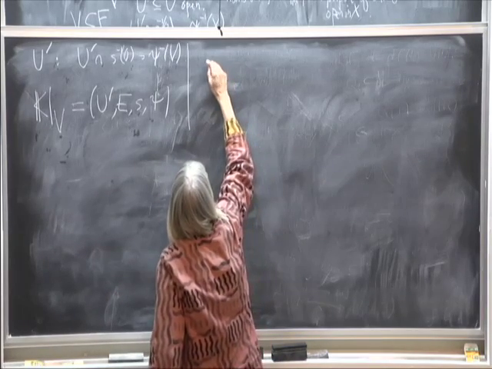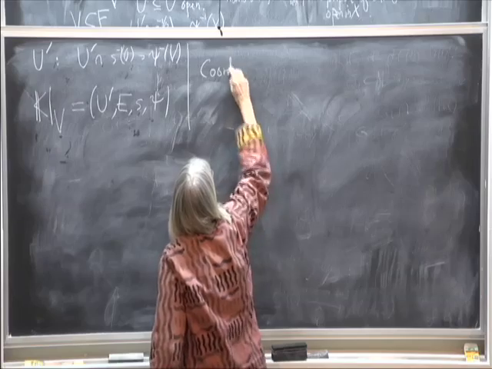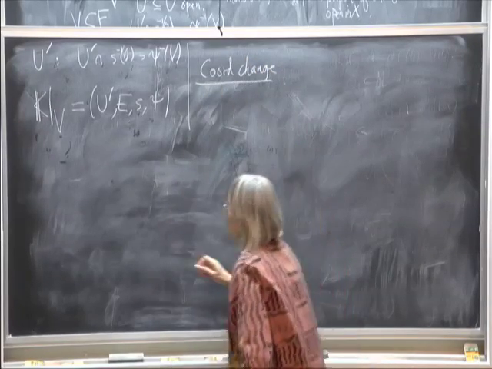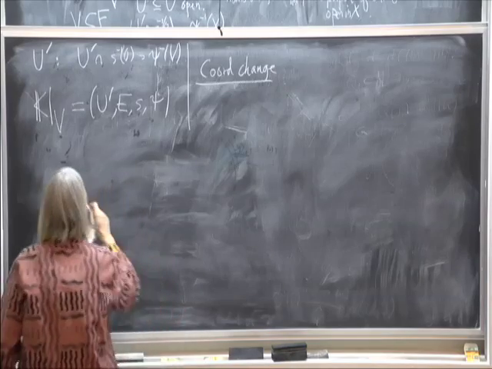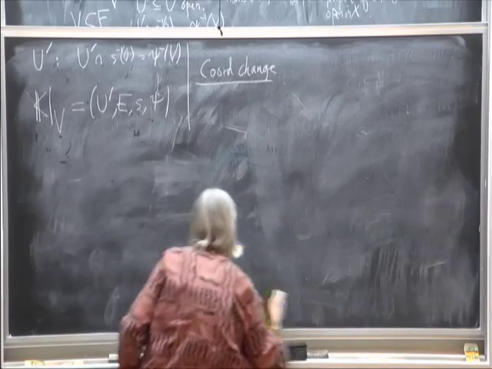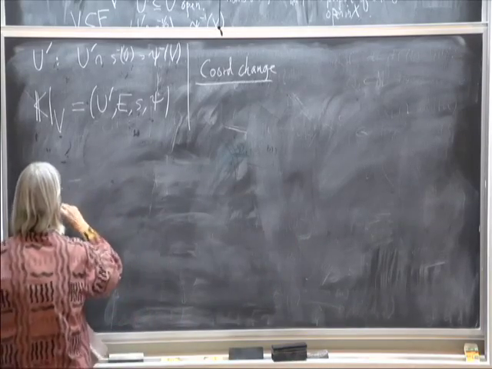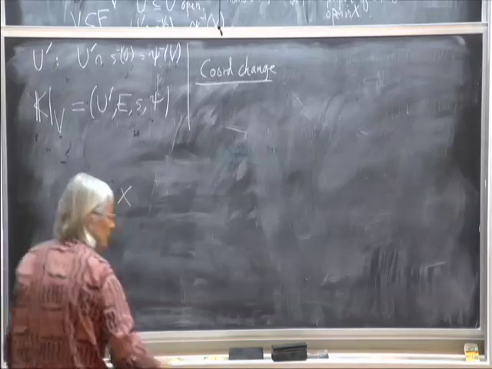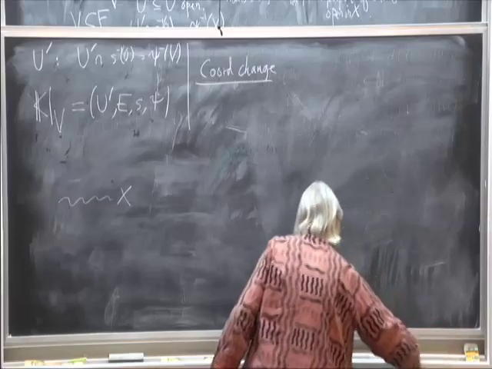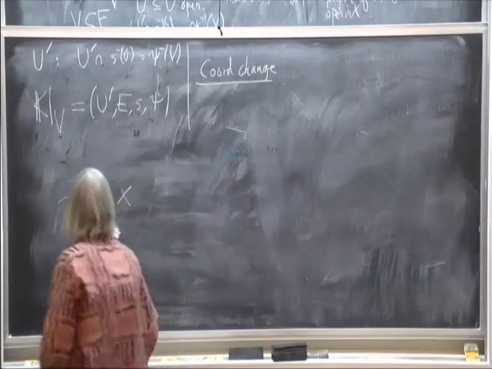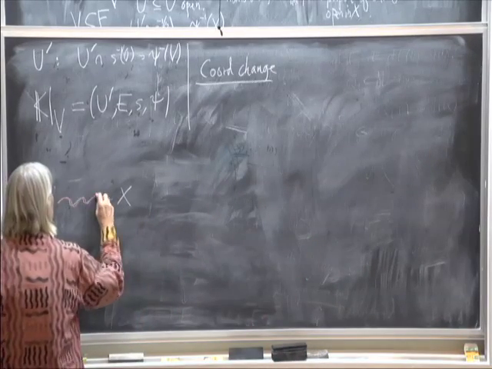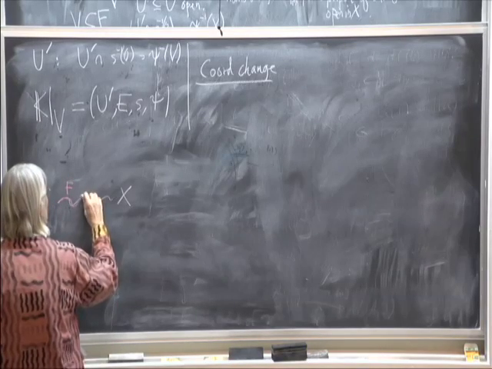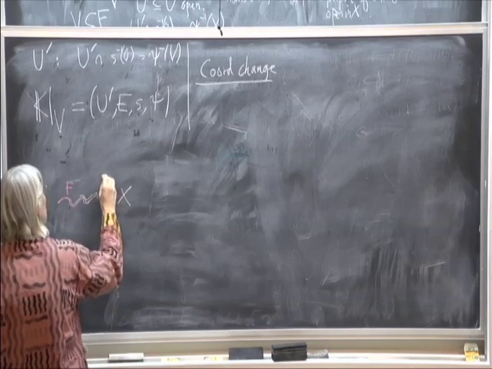And then we want to say what a coordinate change is. Here you can have a picture. Here's X, and this is the footprint F, and then we've got another footprint F prime.